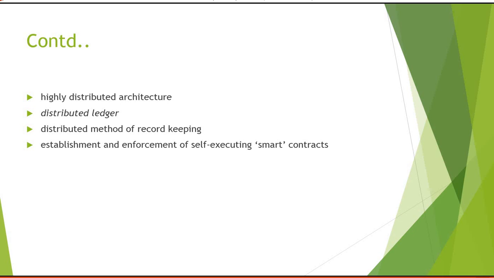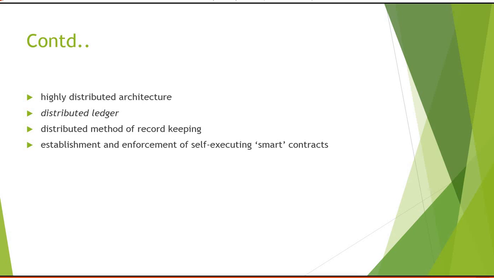So this Bitcoin provides a highly distributed architecture, and whatever Bitcoin transfer we perform over there is stored in the distributed ledger. Usually ledger means all the transaction details. In a library you might have seen the big ledger, right?